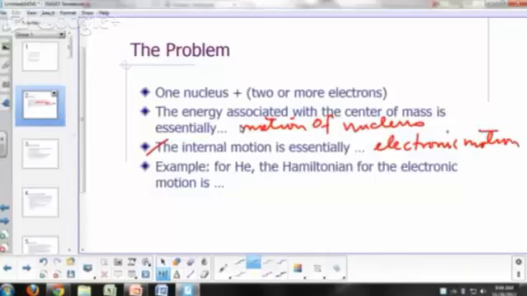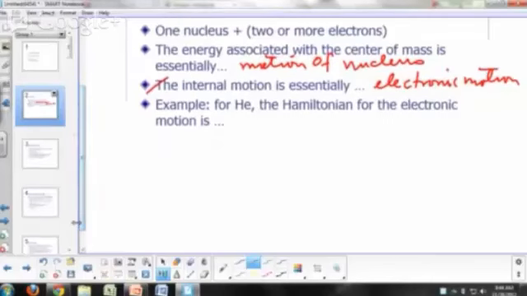So in the case of helium, the Hamiltonian for the electronic motion will be, what would it be? Our electronic Hamiltonian would be kinetic energy. How many electrons do we have for helium? We have a +2 charge on the nucleus, and you have 2 electrons, right? So I'll call this electron 1, electron 2. So what would it be?